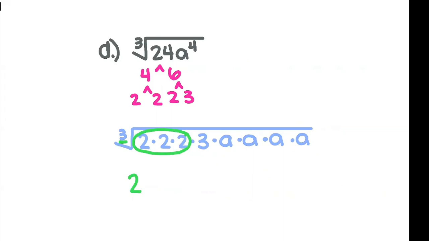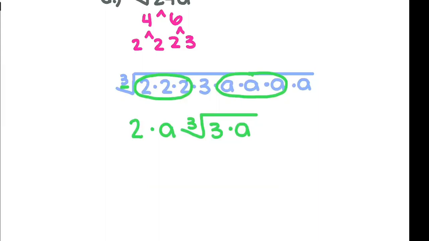The a's, I have more than 1. I do have a group of 3, so I'm going to pull one of those a's out as well. Anything that is not included in the circle, I'm going to leave underneath that radical. Remember, my index is 3, so I'm going to keep that 3 as my index, and then write down that 3 times a underneath that radical.